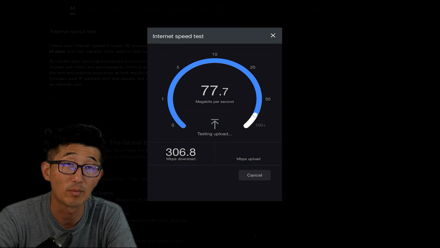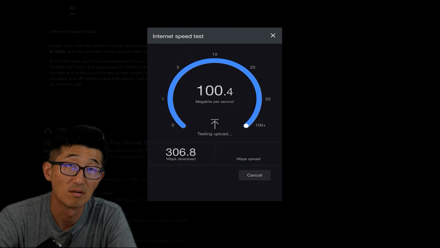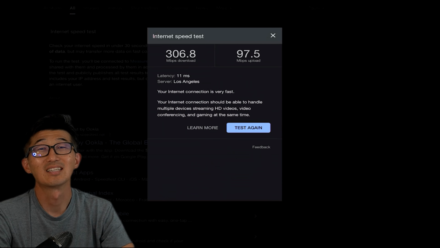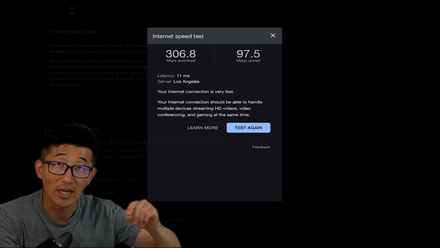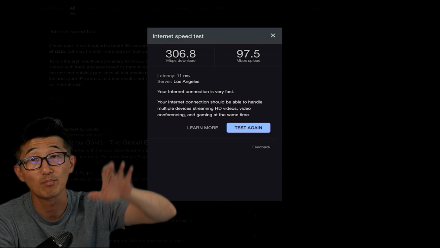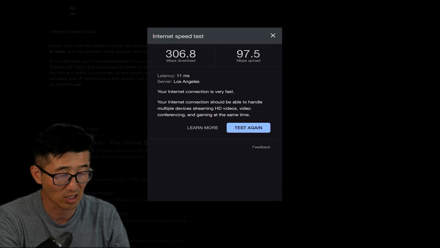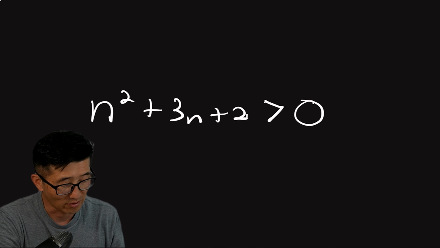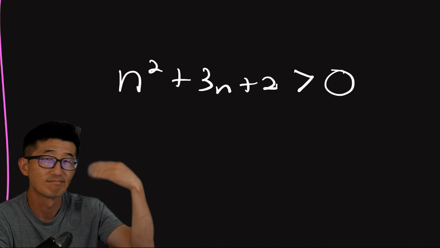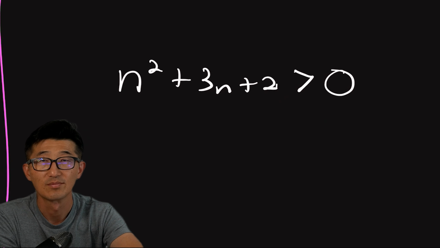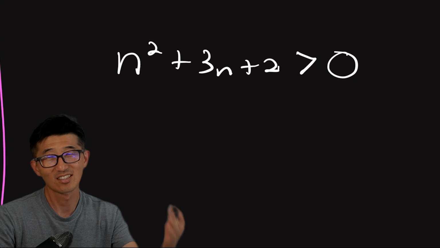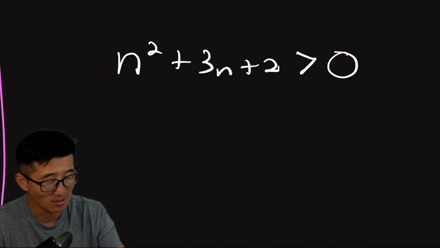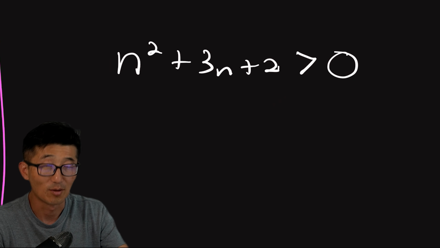Okay, that's download speed. What about upload speed? What's your upload speed? 10. That's what I'm saying. If my upload speed is 97, whatever you write is going up to the clouds. That's why it's taking a long time to get to me. Okay, all right. It just means my internet's better.